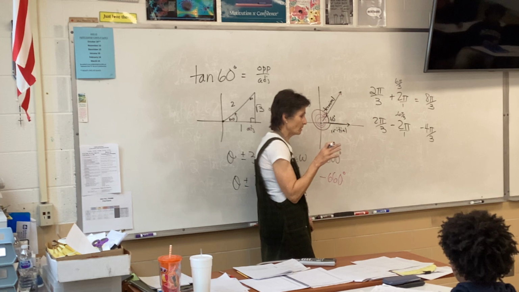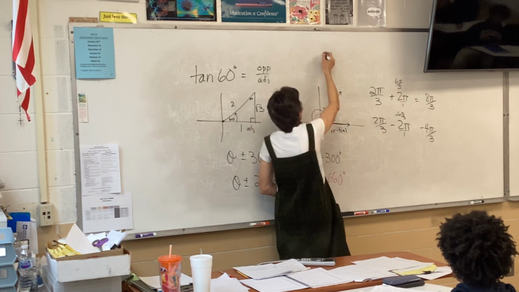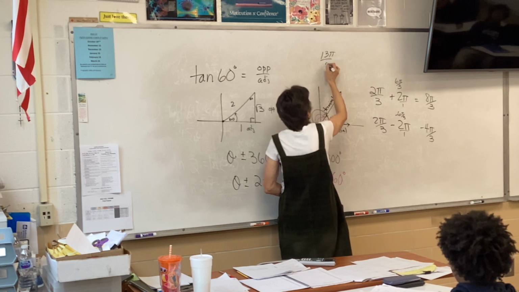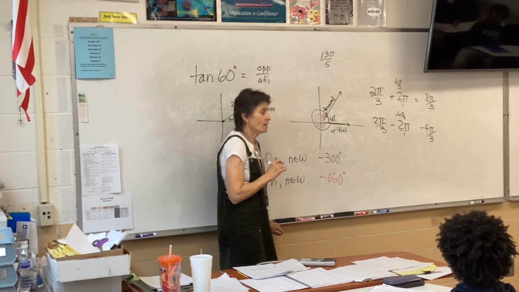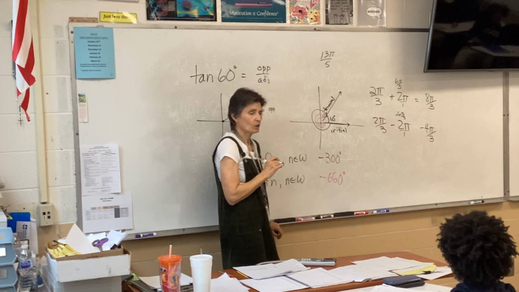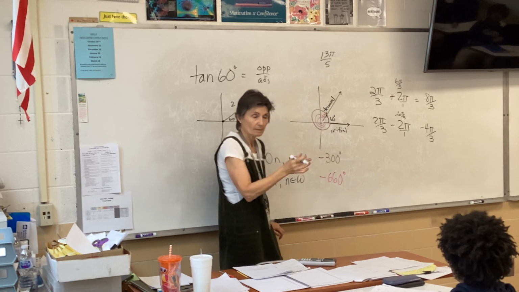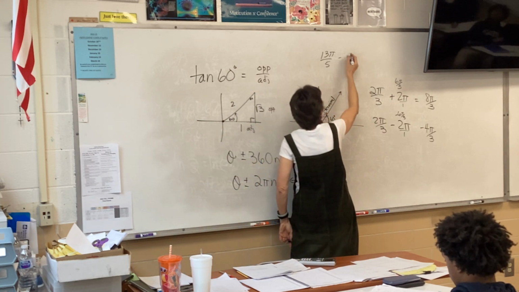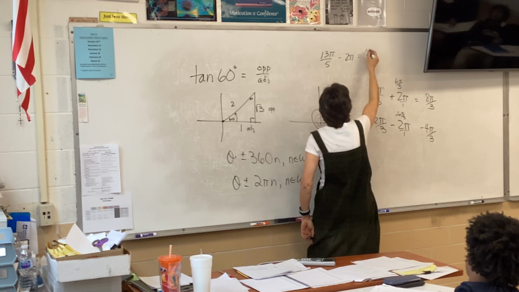What if the angle I started with was 13 pi over 5? If I wanted a negative coterminal angle, I would subtract 2 pi. But what happens when I subtract 2 pi? You're left with 3 pi over 5, still positive.